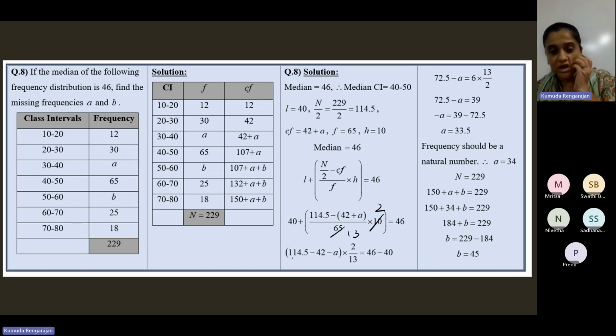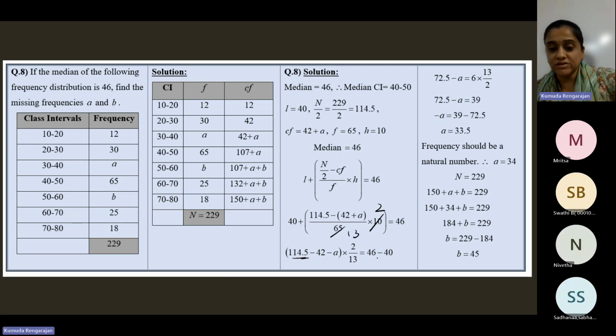That's what I've written here: 114.5 minus 42 minus A into 2 by 13. All right, children. So next step, this becomes 6. And 2 by 13 will become its reciprocal on the other side, 13 by 2. And then 2 1s are 2, 3 13s are 39. On working this, you get A is equal to 33.5.